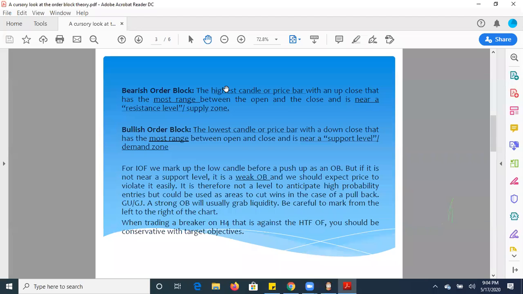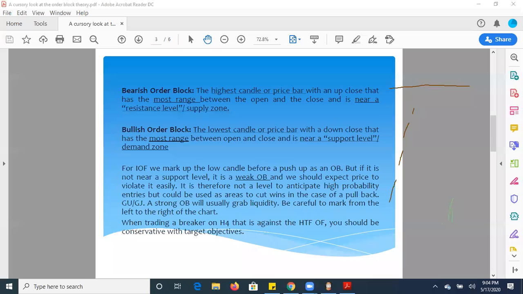Let's annotate a little here and see if we could frame out what we're trying to explain. A bearish order block, the highest candle or price bar. You notice price is making an upward move, and price gets into a resistance or a support.